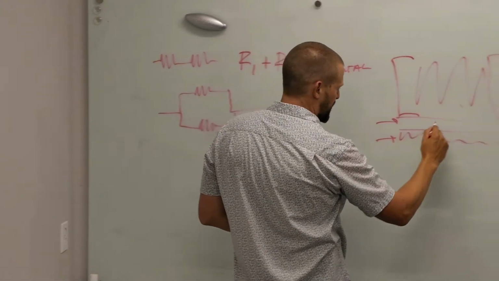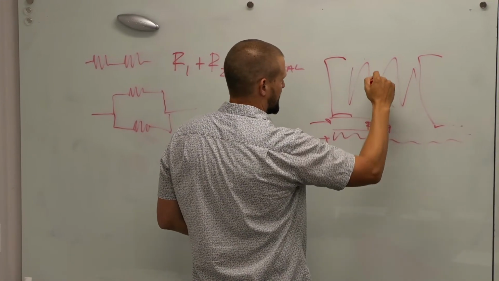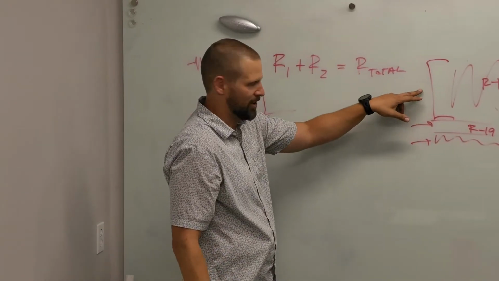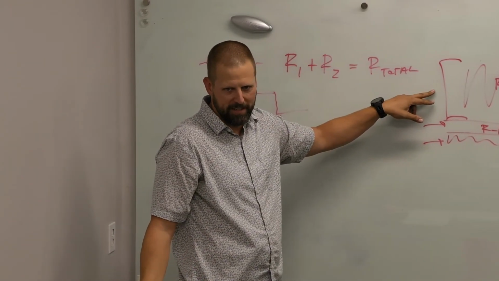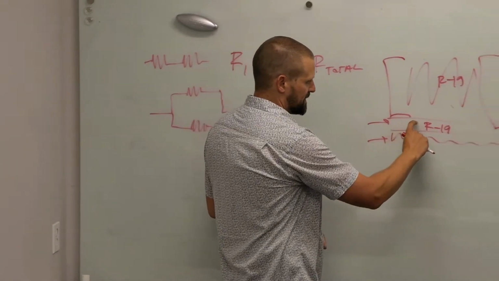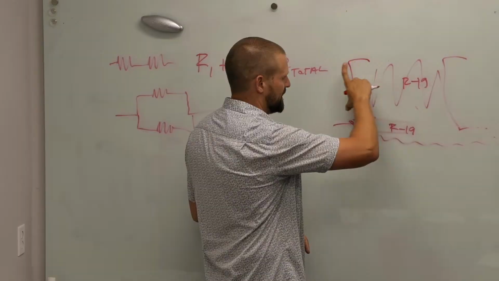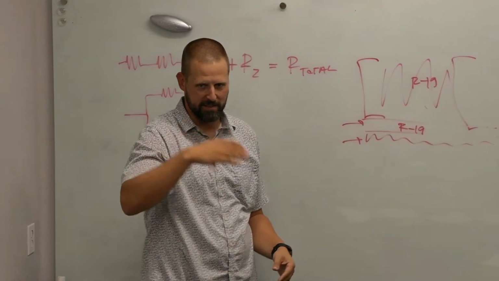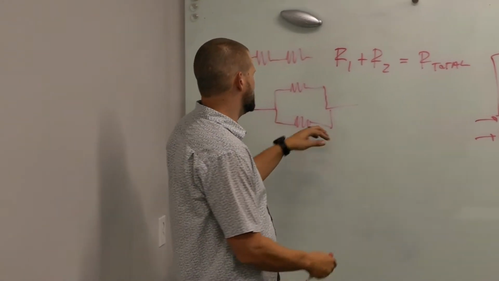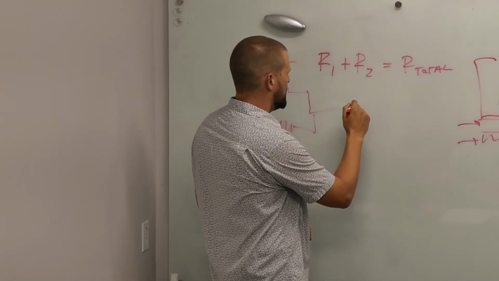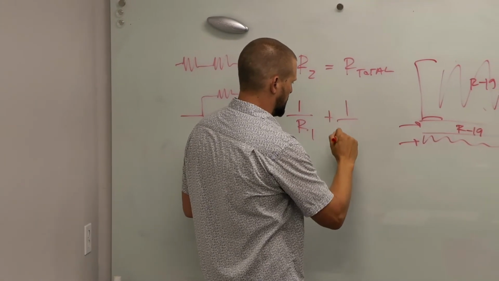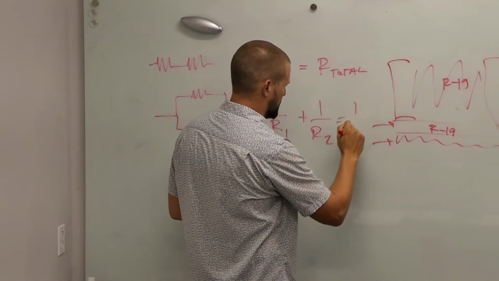But if this is R19, and this is R19, and this metal break is like R.5, or something very low, this is going to be R19, and this combined assembly is going to be something lower because of the thermal bridging of the stud. I'm sorry, how this worked is 1 over R1 plus 1 over R2 equals 1 over R total.